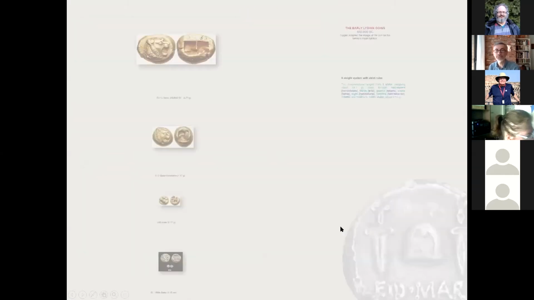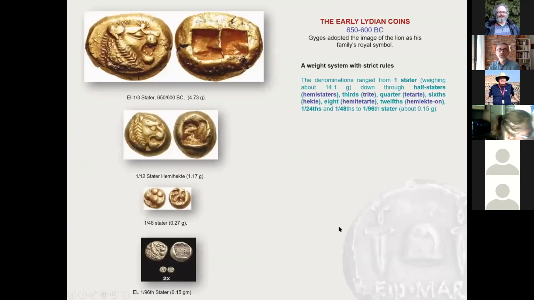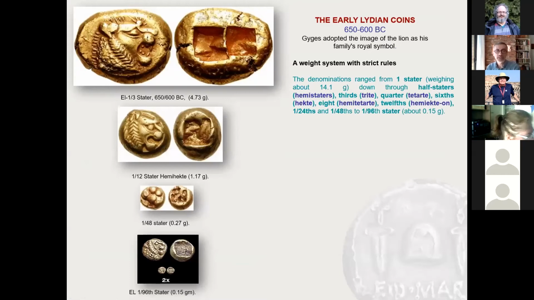It's a plated coin. And then, of course, the most significant development took place when the Lydian kings decided to use their own badge, their own royal symbol, to make their coins acceptable, reputable, so that they can easily circulate.